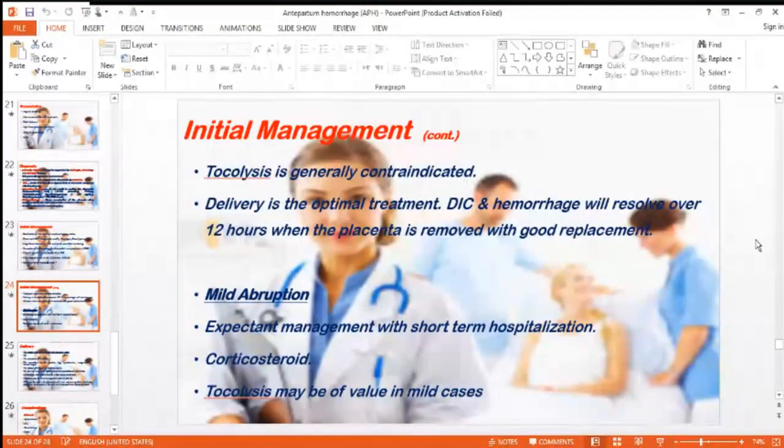But if the fetal heart is positive, no, we must deliver the patient by cesarean section.